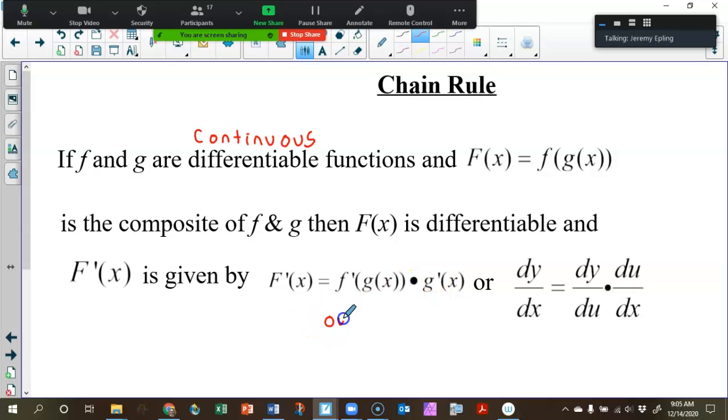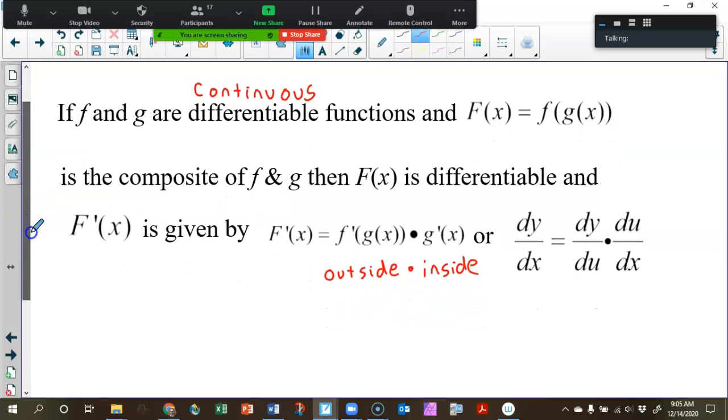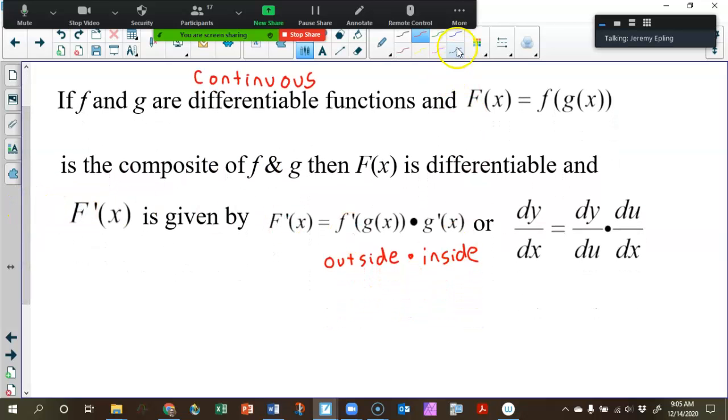The derivative of the outside times the derivative of the inside. And if you understand this pattern, it won't matter how complicated the functions get. We can take the derivative using the derivative of the outside times the derivative of the inside.